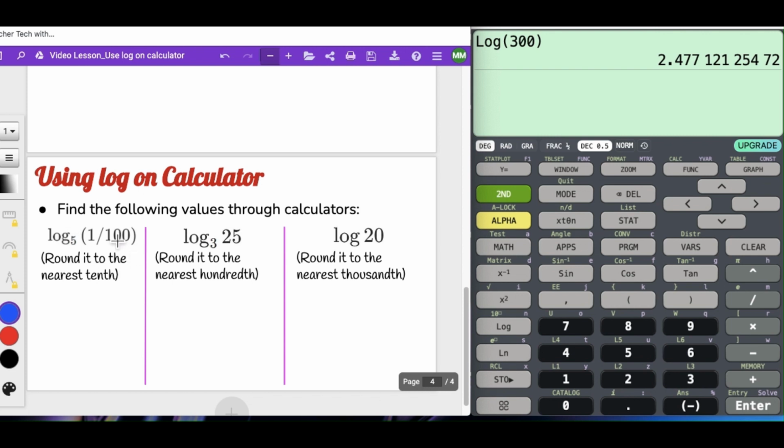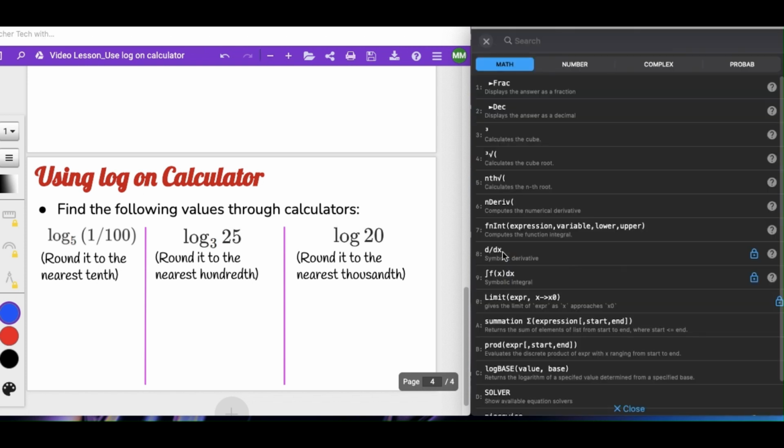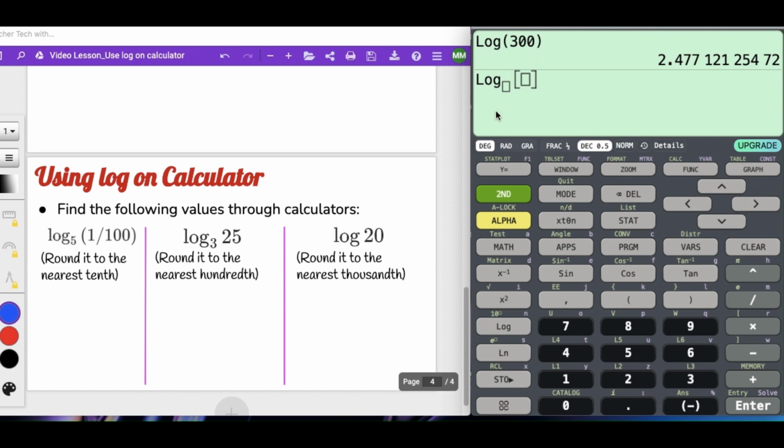For the first one, how do we type it? We use this key here called math. So we click math, and on your calculator you are looking for the bottom one, called log base. Because this is on the computer, you will see the full screen, but on your calculator you need to scroll down until you see log base. If you click this one, you will see something like this. So we are going to type accordingly.